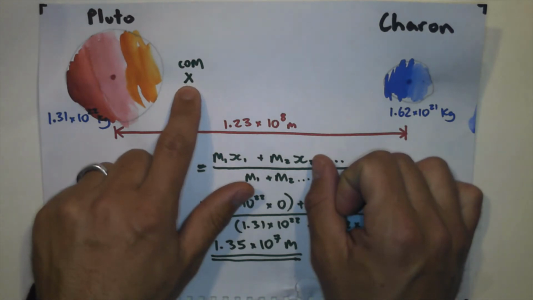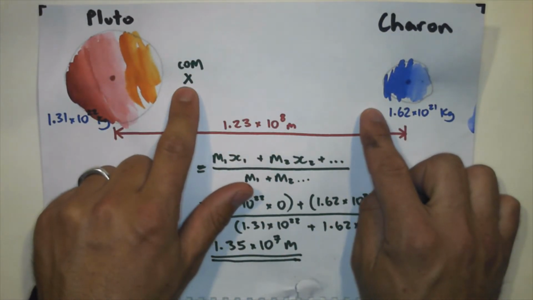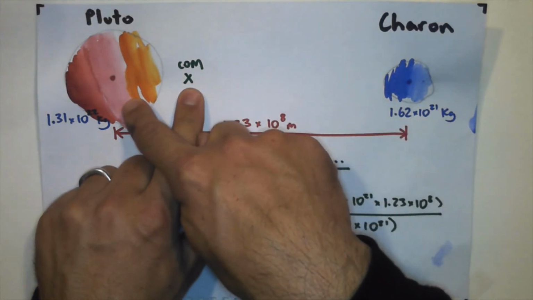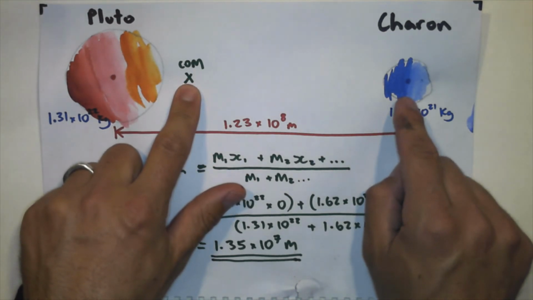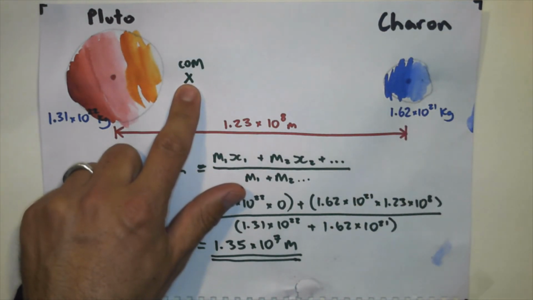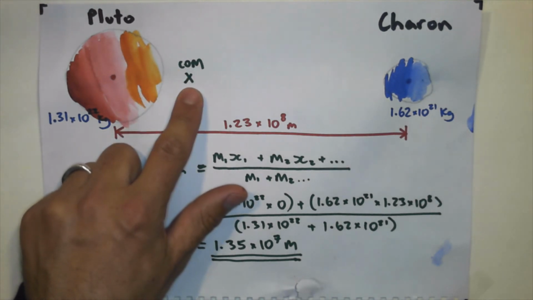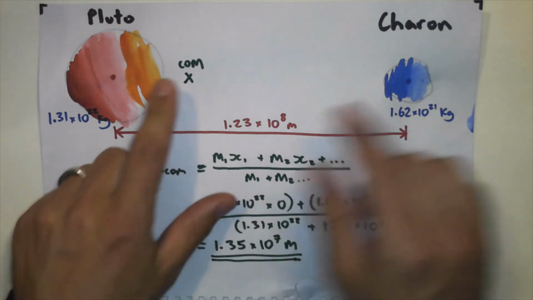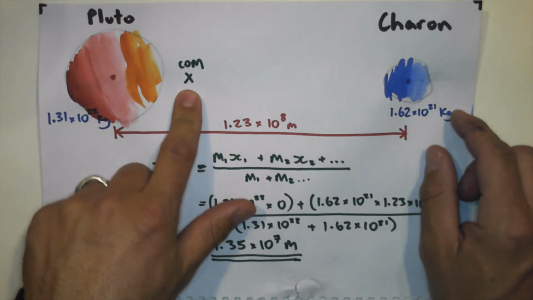So that means that these two objects that make up the system actually orbit this point. Charon doesn't orbit Pluto, but both objects orbit around this point here, their center of mass. For the Earth-Moon system, the center of mass is within the Earth. Back to the Pluto and Charon system, this center of mass is the point that orbits around the Sun.